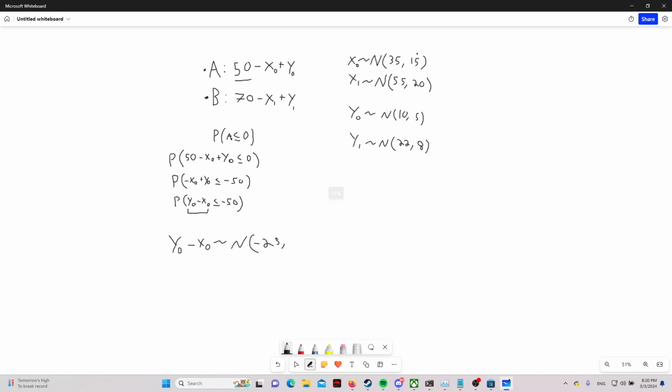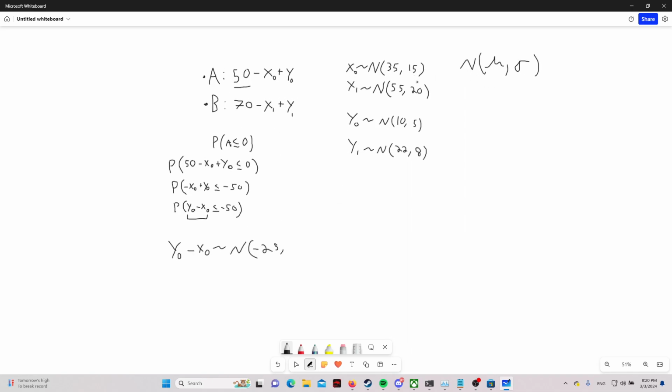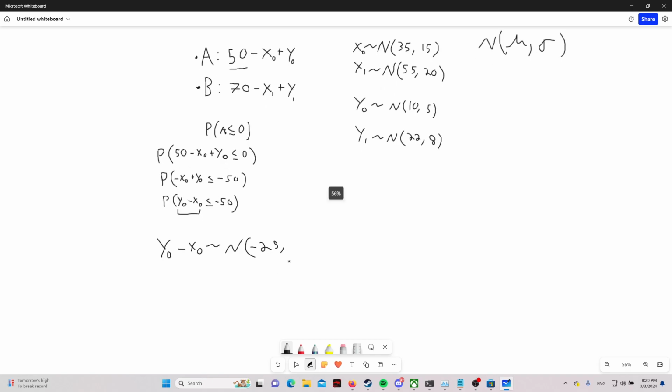This I wrote down. With standard deviation, 15 is actually the standard deviation, not the variance. So in this case, it would be 5 squared plus 15 squared. Sorry, my brain wasn't working. And then the square root of that. So this is the standard deviation. This is the mean.